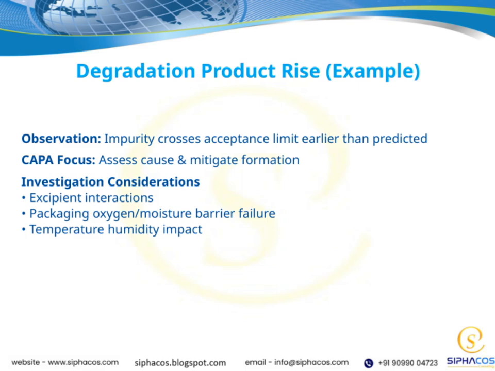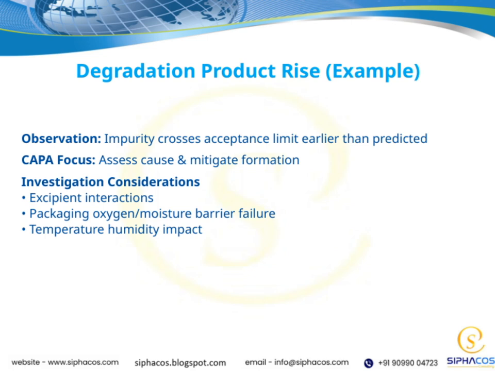When we investigate these kinds of issues, there are several considerations to keep in mind. For instance, interactions with excipients can sometimes promote degradation. Also, failures in packaging barriers, like oxygen or moisture barriers, can allow environmental factors to accelerate impurity formation. Temperature and humidity also play a significant role.